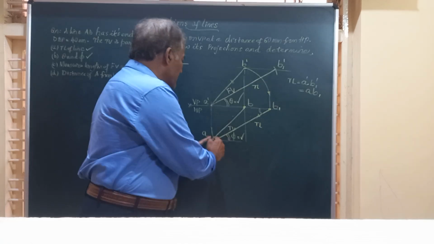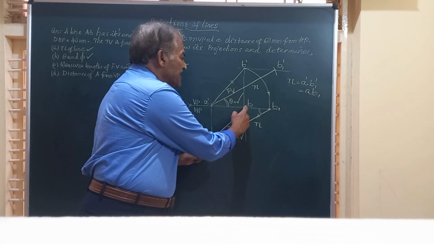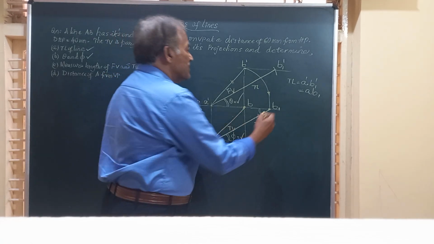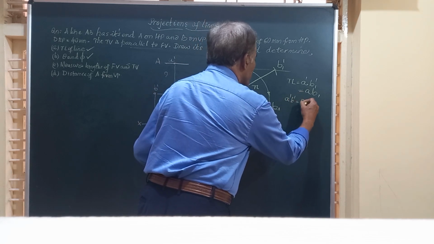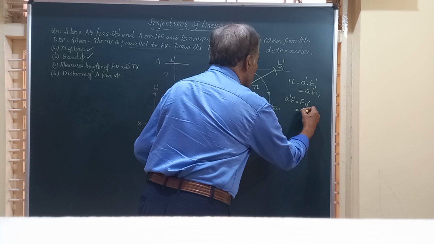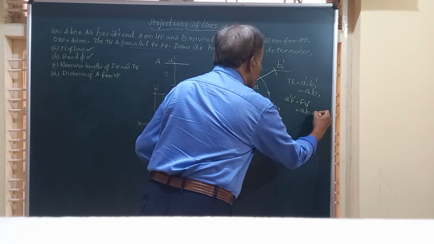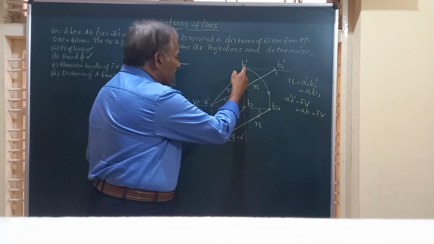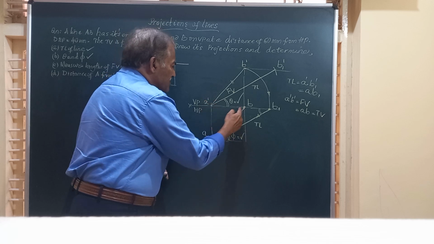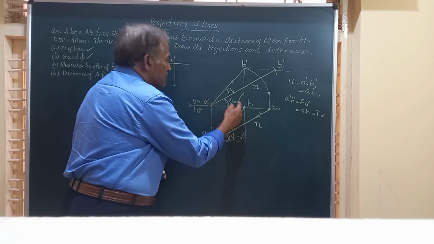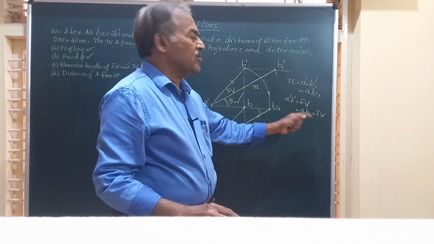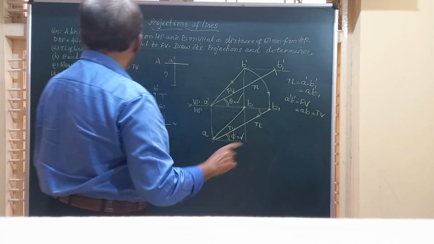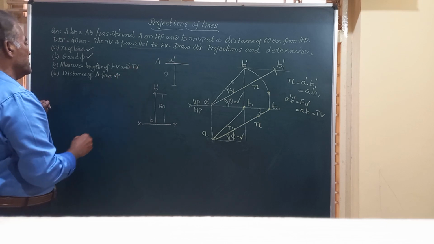And similarly, you can find the distance between A and B. So you know very well, this A dash B dash is the front view, that is equal to AB, that is the top view, because this line A dash B dash is parallel to this, or this line is parallel to this, and hence they will have the same value of measurement, the total length of those front view and top view.